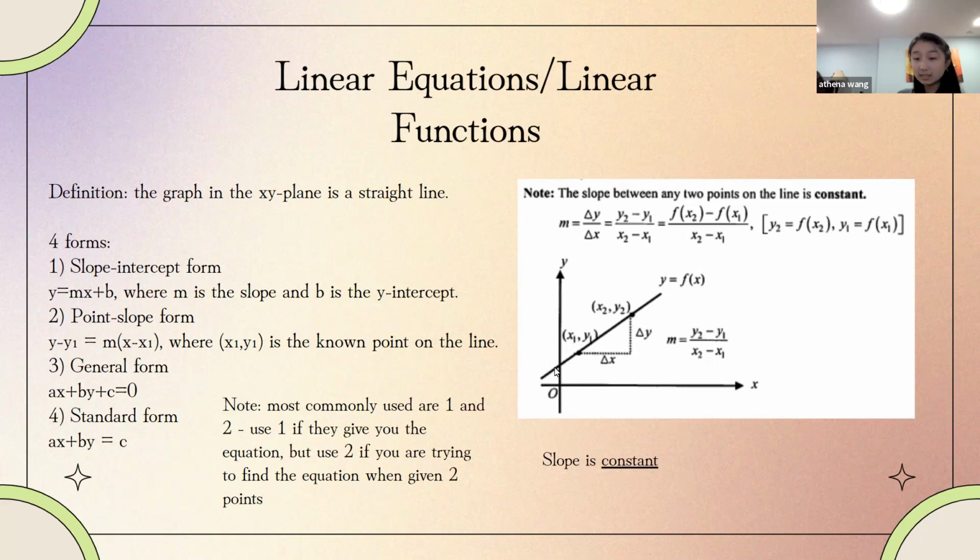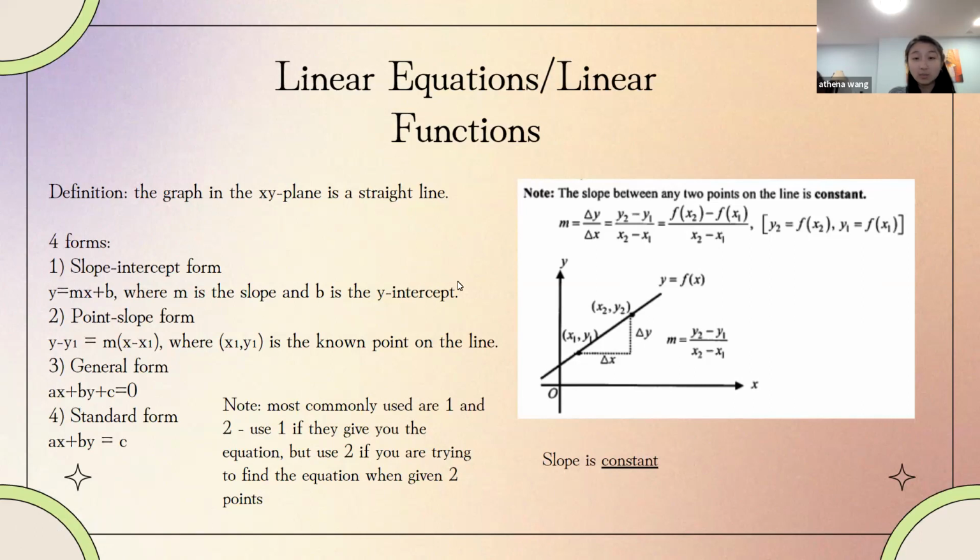For every 2 points that you pick on this line, the slope between them will be constant. And the slope is calculated by the y values, like (y2 - y1) over (x2 - x1). If you have y2 first, then in the denominator you have to have x2 first, the corresponding x component.